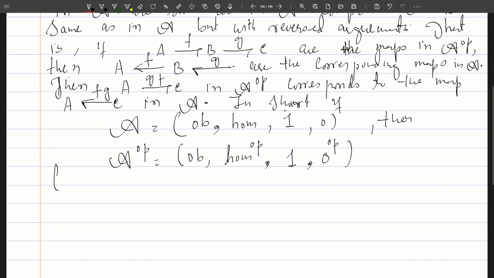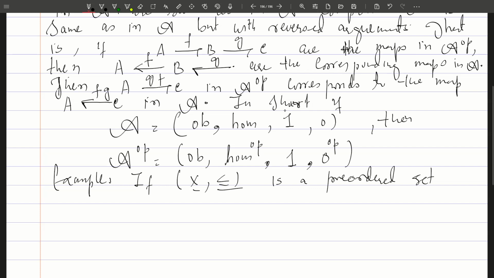So for example, suppose we have a pre-ordered set, then we know we can identify this set with a category.